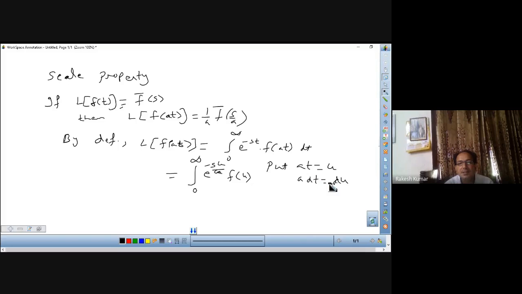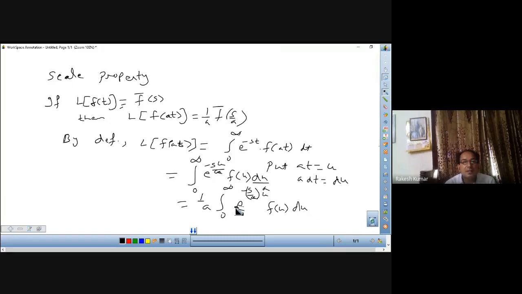And what is dt? dt from this second equation can be written as du upon a. This a is a constant, we can take it out. This is 1 by a, 0 to infinity, e raised to power minus s by a into u, and this is f of u into du.